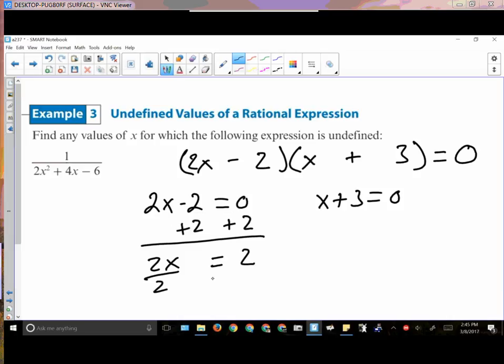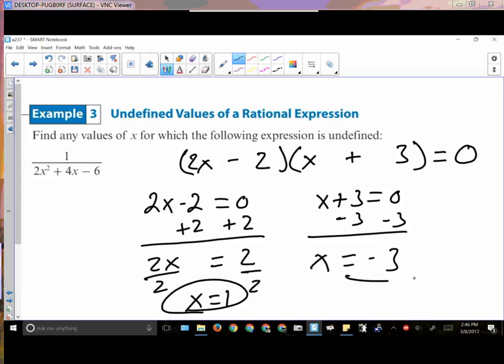Divide by 2, divide by 2. x is equal to 1. Again, we've been doing this for quite some time. Subtract 3, subtract 3. x is equal to negative 3. So the values of x that I cannot use are 1 and negative 3.